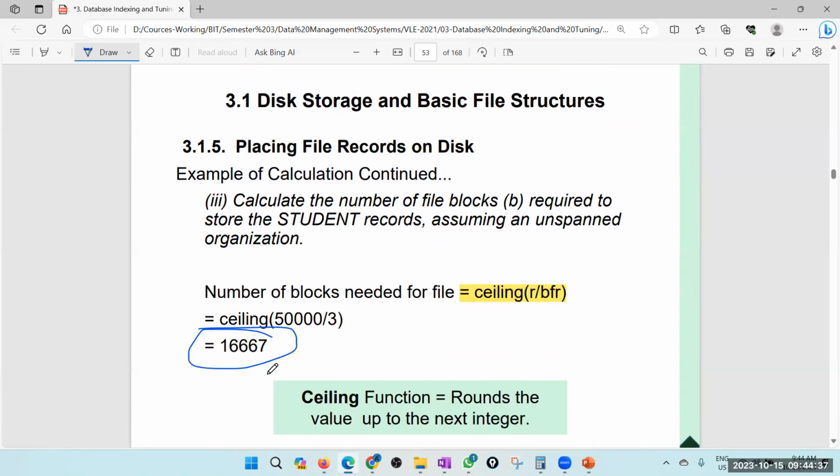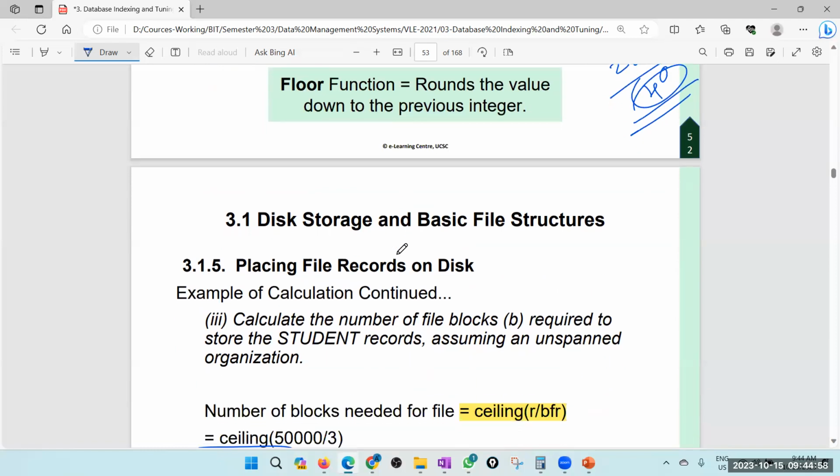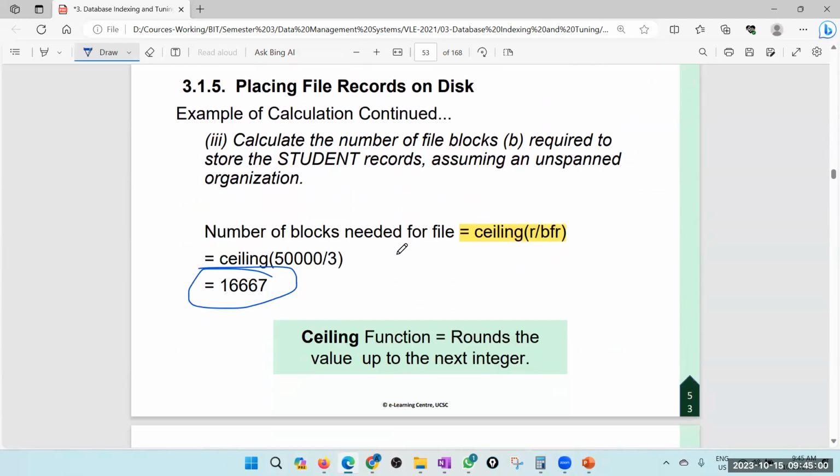Okay. So it's not a difficult question, but just remember to do the ceiling and flooring properly and keep track of your assumptions. We assume that it's fixed width and also unspanned. And they can even ask you what is the waste of storage in each block. That also you can calculate. Okay.